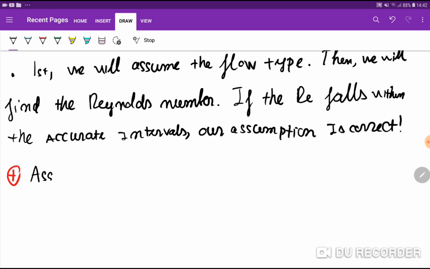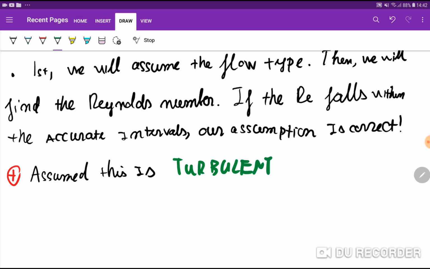Now I'm gonna assume this is, I'll use green, turbulent flow. Okay, so what happened? Look at the table. You see the drag coefficient is equal to 0.44.